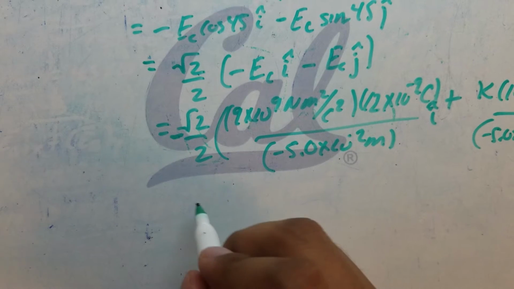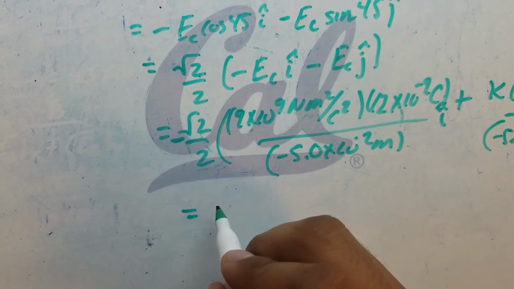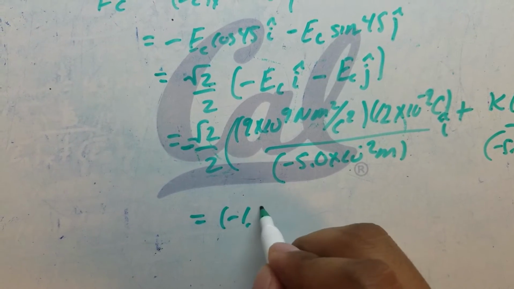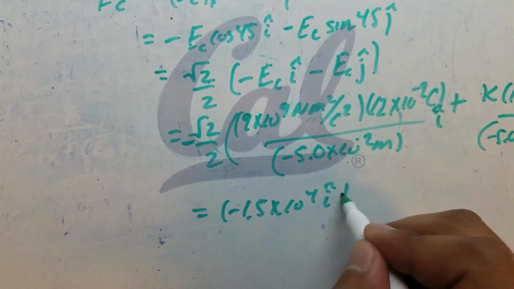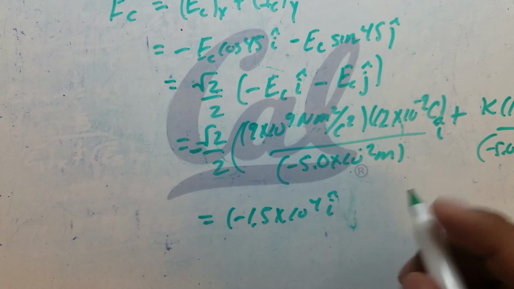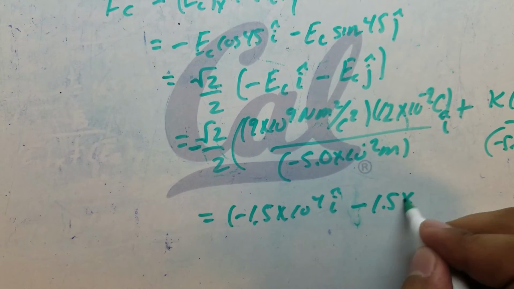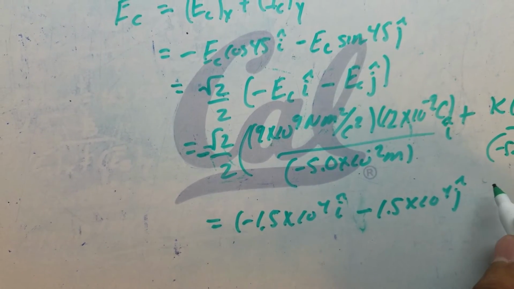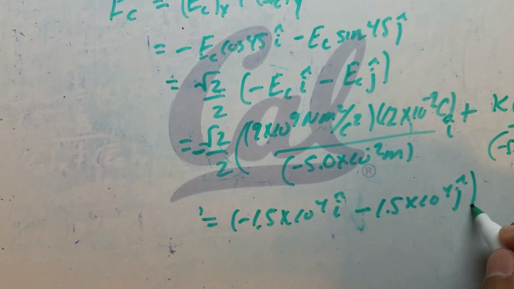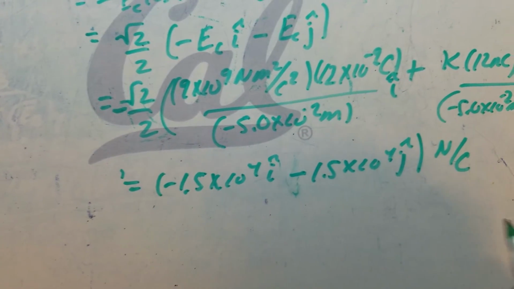And so I should get negative 1.5 times 10 to the 4 I direction, minus 1.5 times 10 to the 4 J direction. And all of these are in terms of newtons over coulomb.